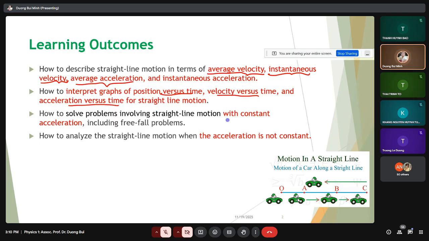How we can model physical motion with constant acceleration, and how to analyze straight line motion when the acceleration is not constant. So I hope when you finish part 1, you get these learning outcomes.